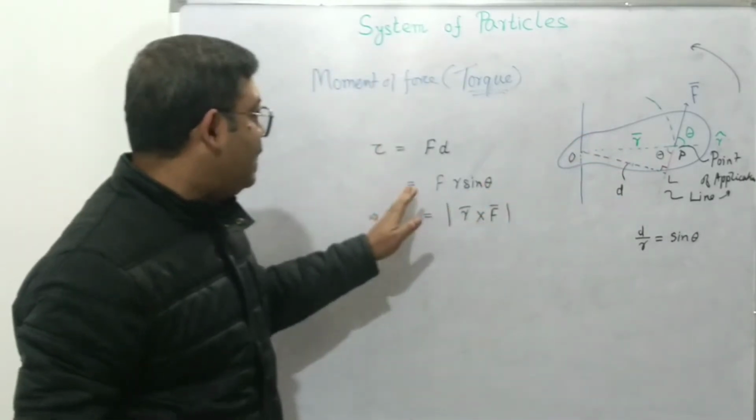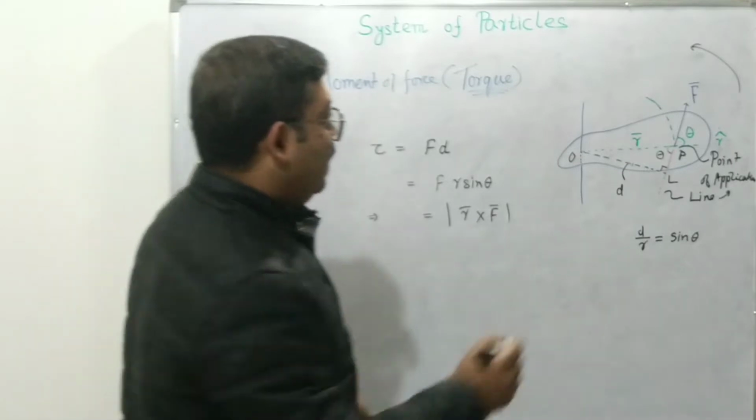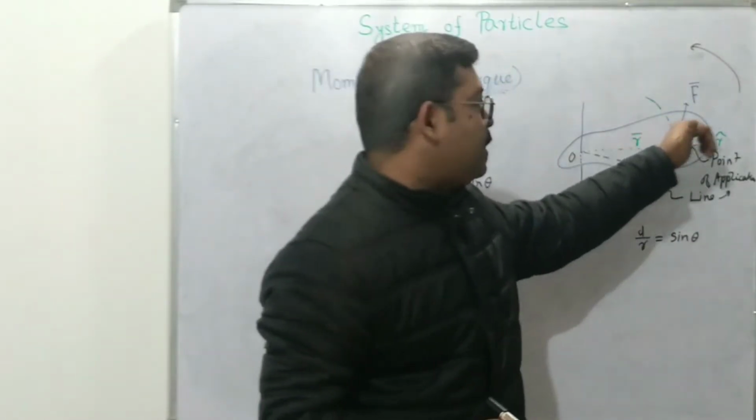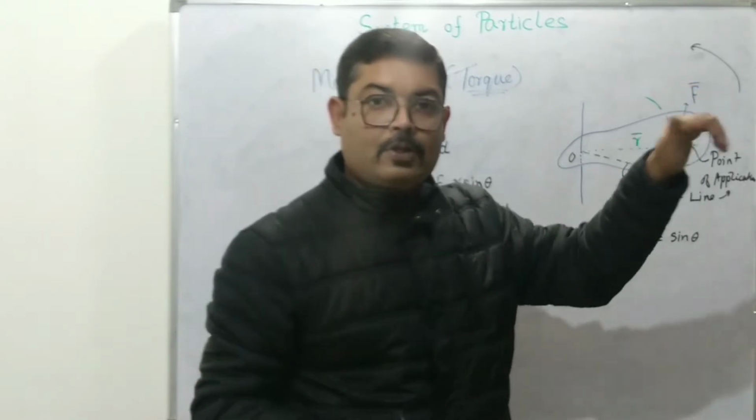But we have already said that torque is positive if it moves this way. For torque to be positive, it has to come out of the board. Tau has to come out.